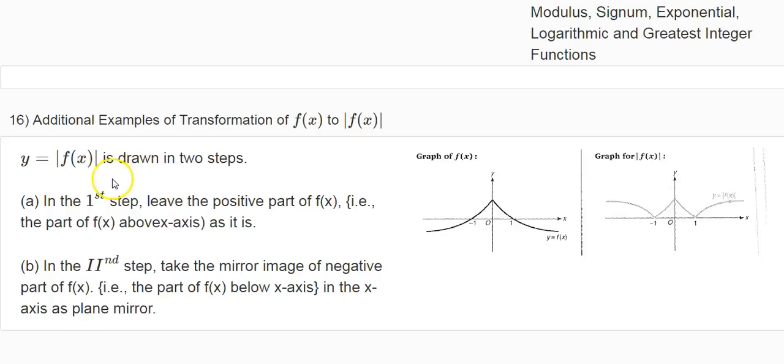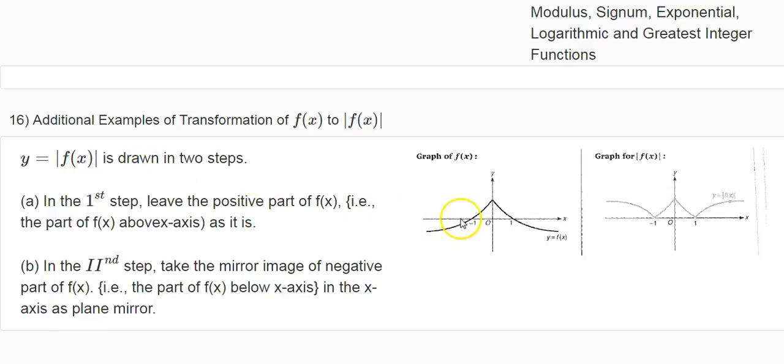Now, y is equal to modulus of f(x) can be represented as y is equal to f(x) when f(x) is greater than 0, and y is equal to minus f(x) when f(x) is less than 0, as per the definition of mod x which we studied in the first slide of this lecture.